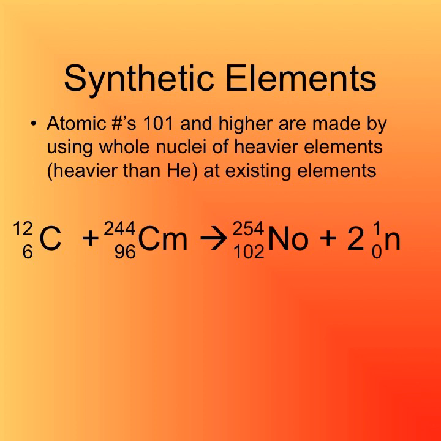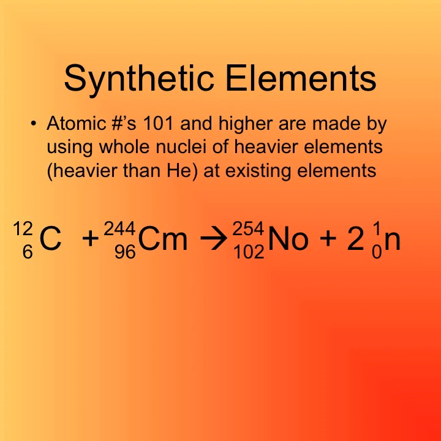But once you get to higher atomic numbers, 101 and higher, they're made using whole nuclei of heavier elements than helium-4. So I've shown you on this particular slide an example of a carbon-12 nucleus being beamed at a curium-244 nucleus.